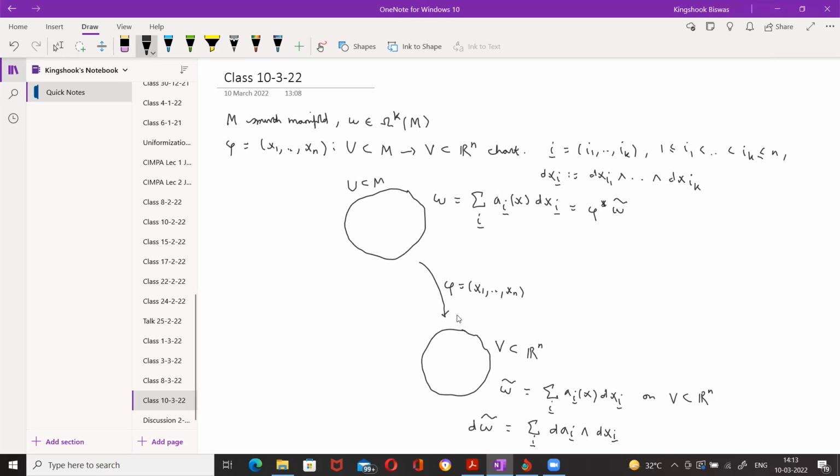So we define, let me call it d sub phi of omega, to indicate the dependence on the chart, the summation over I bar of d a_I bar of x wedge dx_I bar.